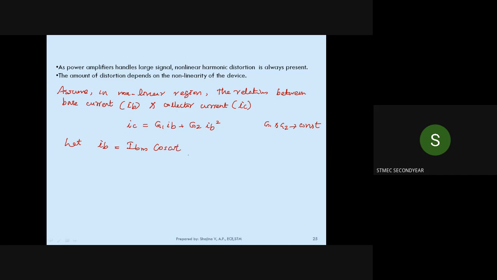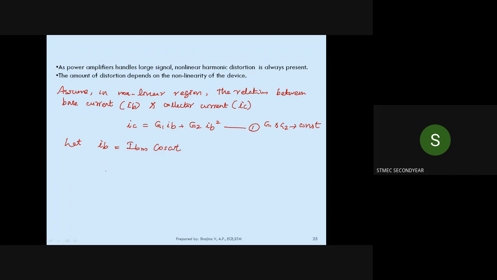Okay. Sin or cos എന്തെങ്കിലും യൂസ് ചെയ്യാം നമുക്ക് IBM into cos omega t. Okay. So IB is equal to IBM into cos omega t. നിങ്ങൾക്ക് അറിയാലോ sinusoidal signal of maximum amplitude IBM, frequency omega. Okay. Then now substitute this IB in this equation, that is substitute in 1.